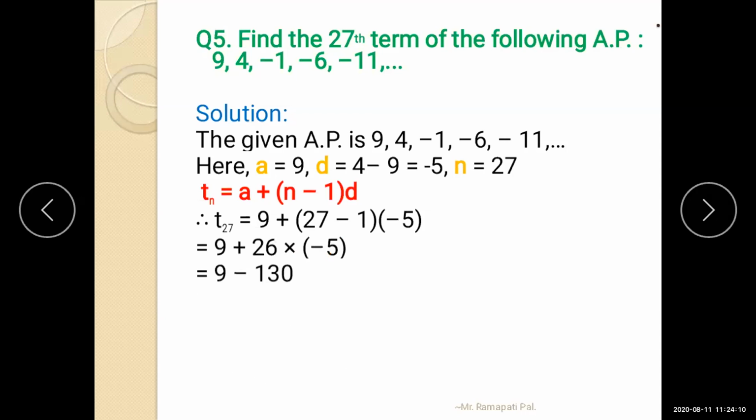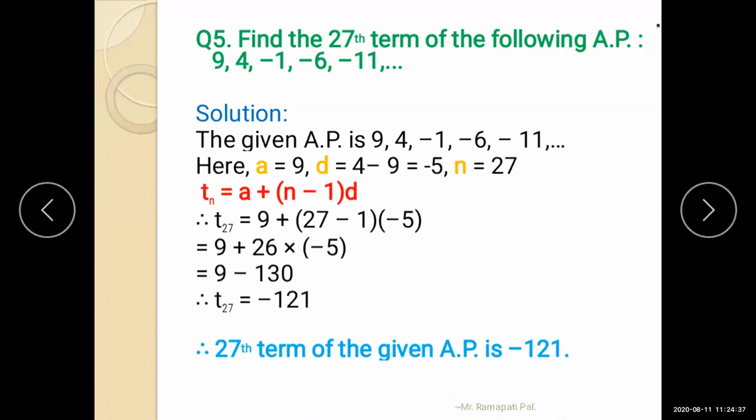So T27 is equal to 9 minus 130. 26 into minus 5 is minus 130. So 9 minus 130. Therefore, T27 is equal to minus 121. Okay, very good. At the end, you have to write, therefore, the 27th term of the given AP is minus 121. Is it clear? Up to here, everyone understood?